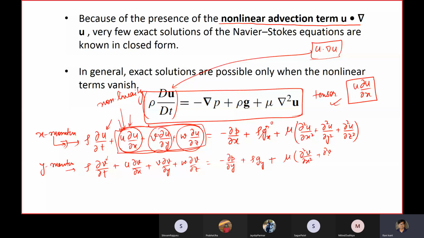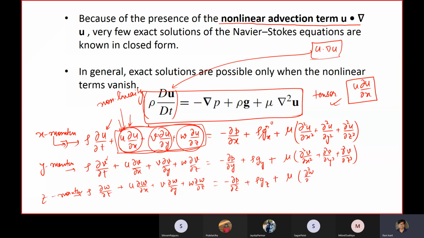Lastly, the z momentum equation. Let me write it for the sake of completeness. Rho times the third velocity w: u times dou w by dou x plus v times dou w by dou y plus w times dou w by dou z is equal to minus dou p by dou z plus rho g z, if at all there is a body force in the z direction, plus mu times dou 2 w by dou x square plus dou 2 w by dou y square plus dou 2 w by dou z square.